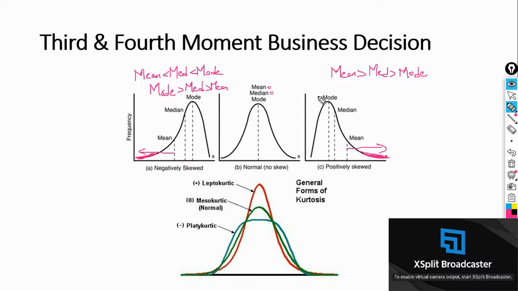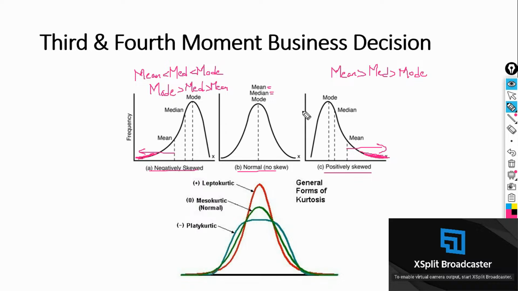If you understood the logic, and the visualizations, how to get them we'll discuss. But if you understood the three types, negatively skewed, no skewed, and positively skewed data, EDA is done, because the only thing we have left out is the fourth moment. We'll talk about the fourth moment also.